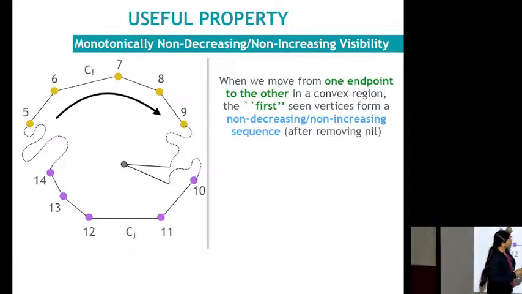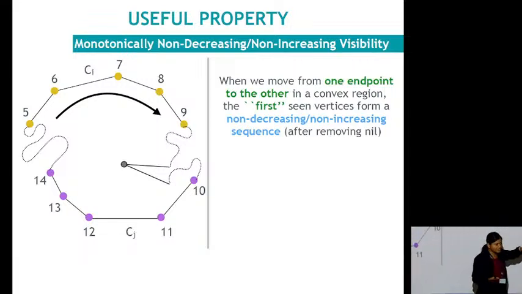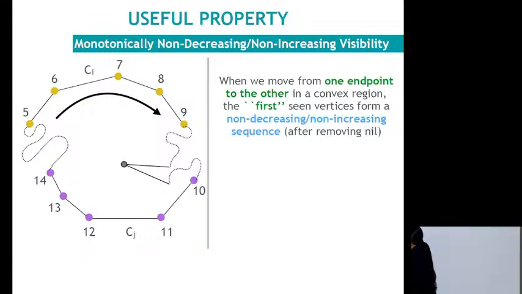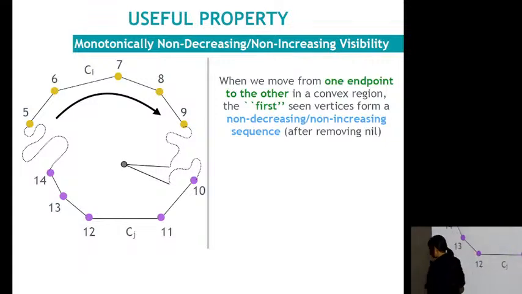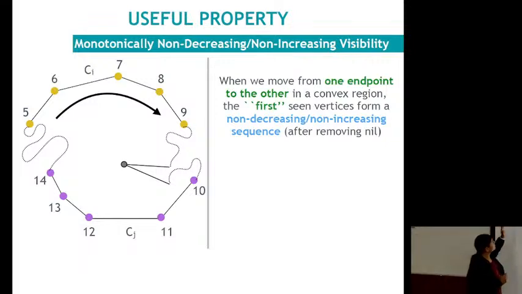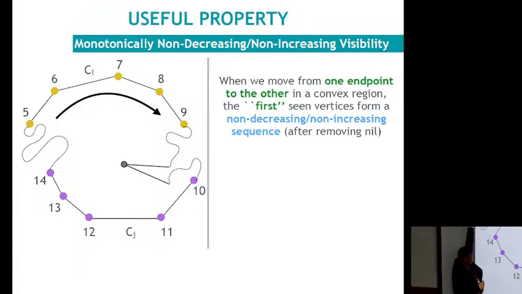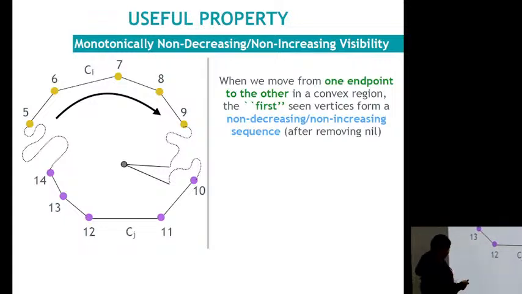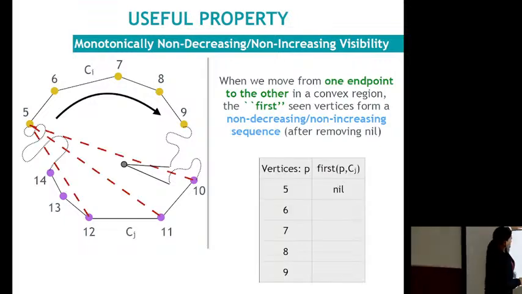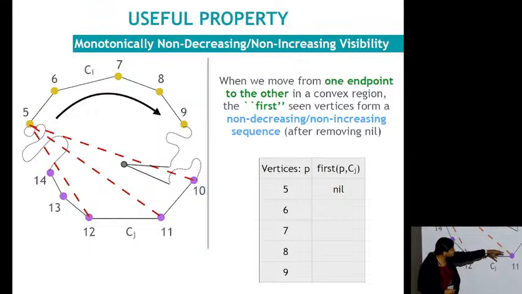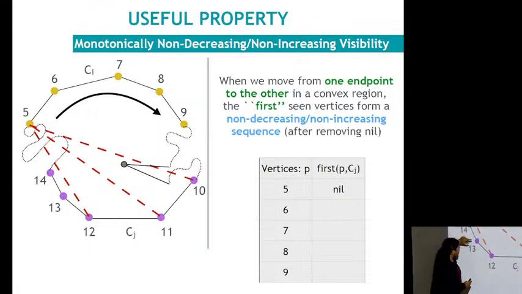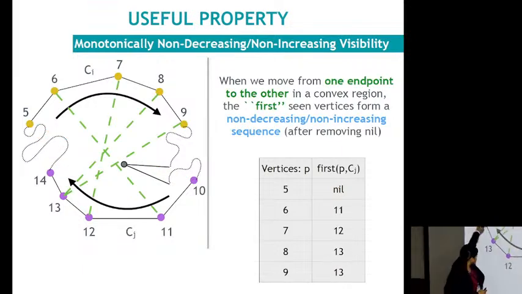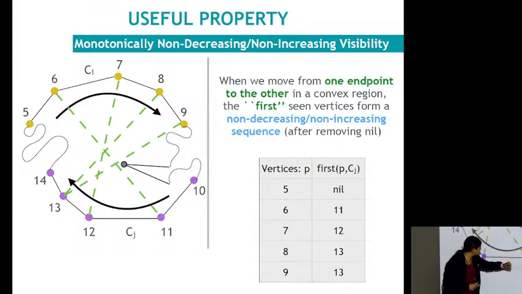So intuitively, why are these functions first and last monotone? Let's try to understand that. Suppose we have this convex region Ci and Cj. Let's start walking in the convex region Ci from the lowest vertex to the highest vertex and see what the first seen vertex is. 5 does not see anything, so we have a nil. Then first(6, Cj) is 11.